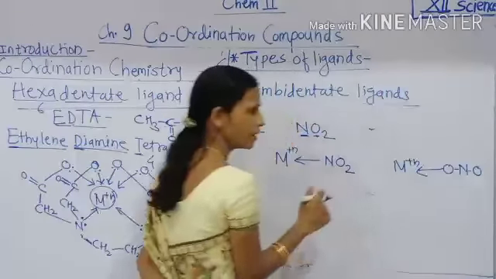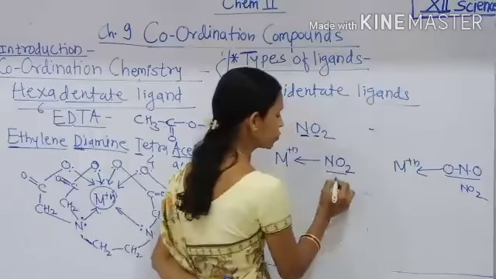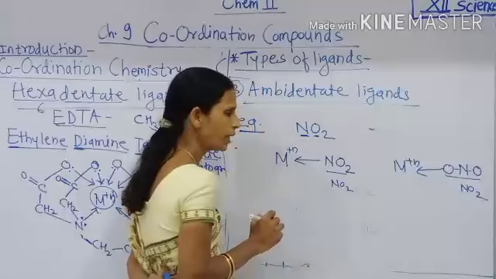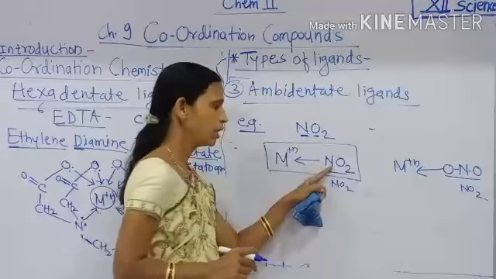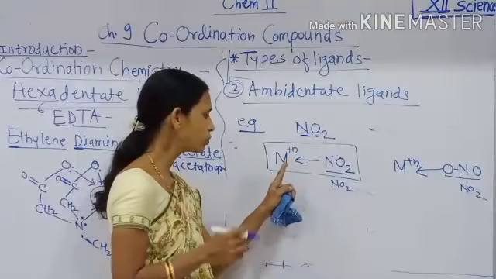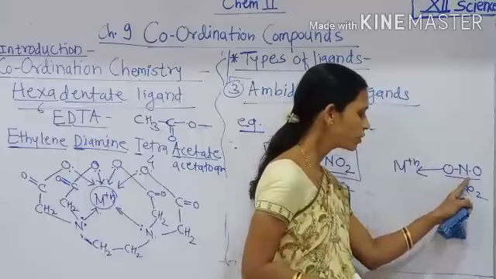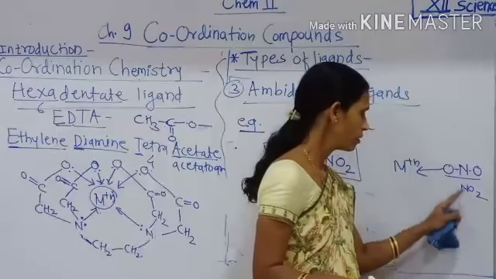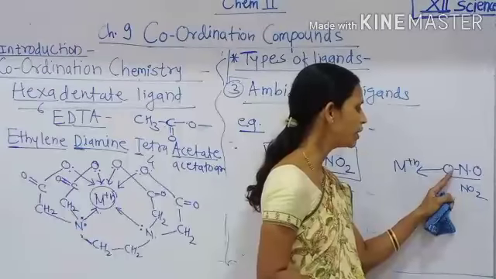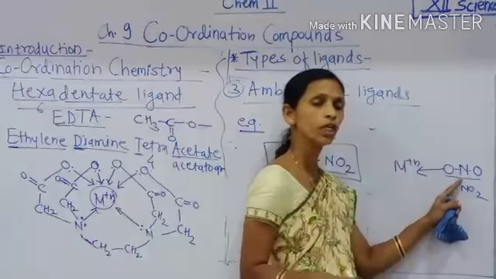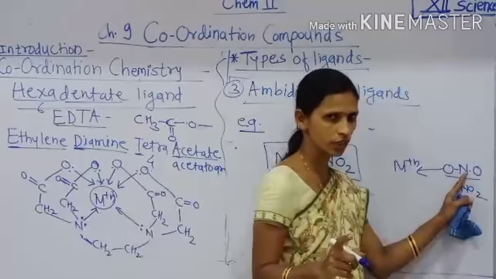See here, the NO2 group is there. Here also the NO2 group is there. But in this complex, the NO2 group is attached to the central metal ion through the nitrogen atom, and here also the NO2 group is in the coordination compound, but the attachment is through the oxygen atom, not the nitrogen atom.